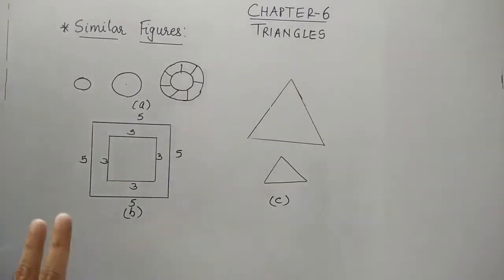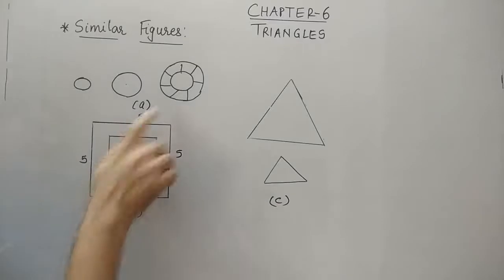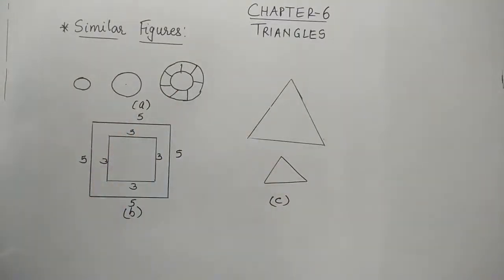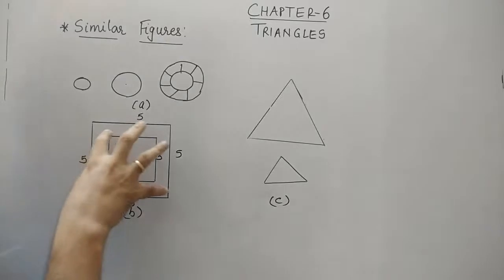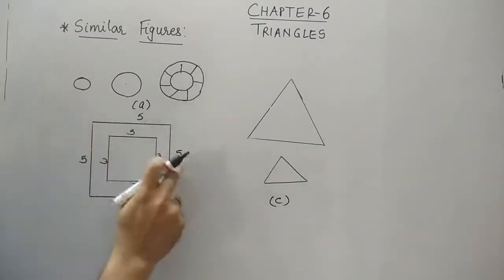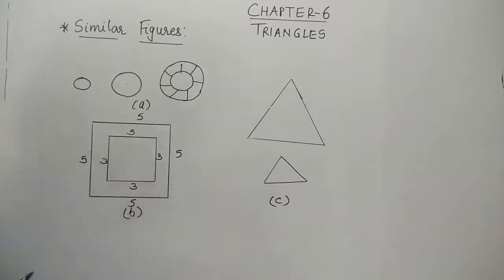So here we'll have 2 things to understand for the similar figures, in a polygon we are discussing. See, in a circle there are n number of sides, which is quite complicated to understand, but let us understand by this polygon, a square.